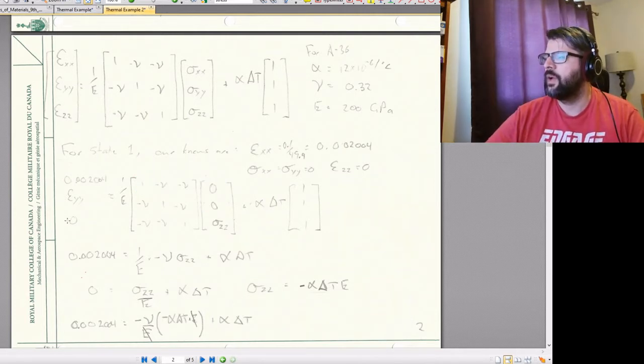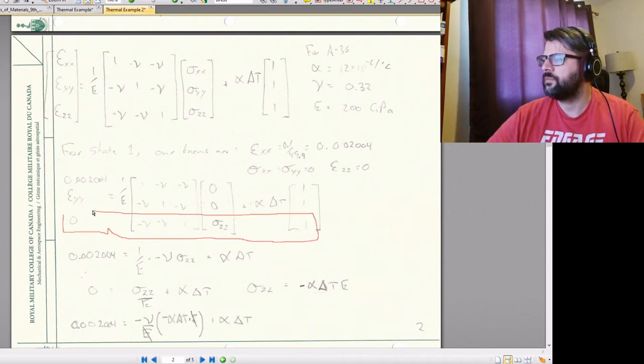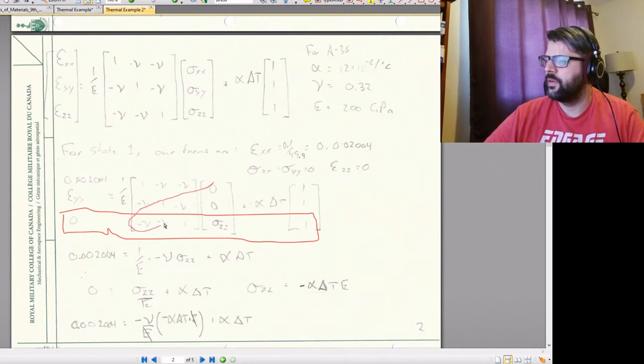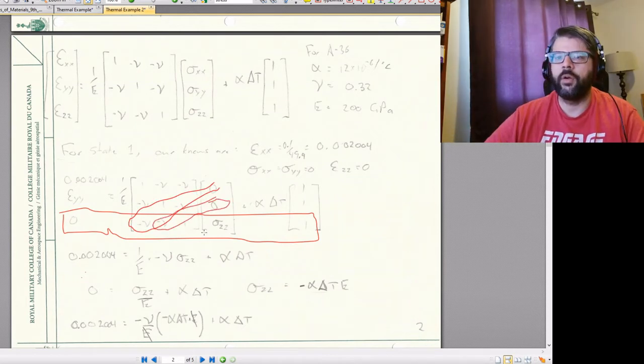So how about we look at this equation here? That one's fairly simple because we know that these two terms here with the Poisson's ratio, those are 0 because the stresses in x and y are 0.